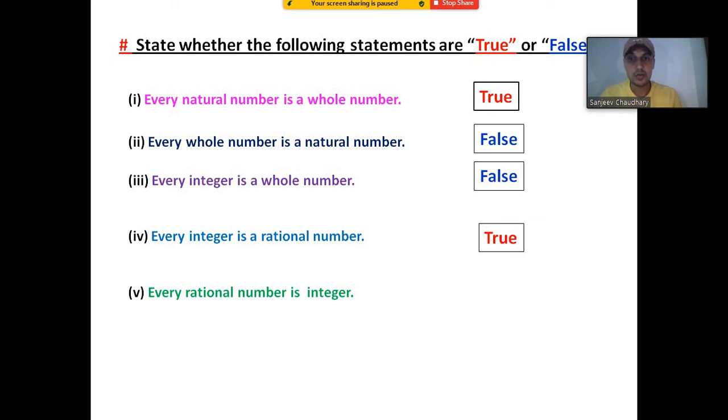So this is not possible. This would be false. You can try to understand while going back to that diagram and try to solve these questions. I hope you can solve them and your concept would be very clear. I hope you understood very well.